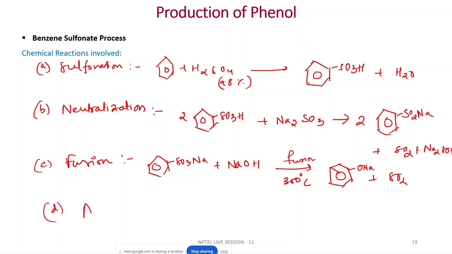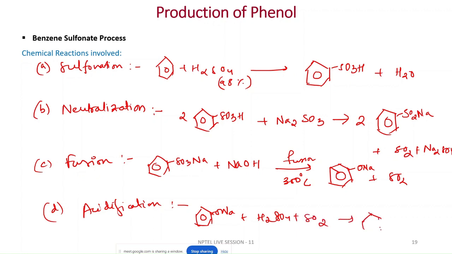And the last step is the acidification process, where the sodium benzoate reacts with sulfuric acid, and it produces phenol.